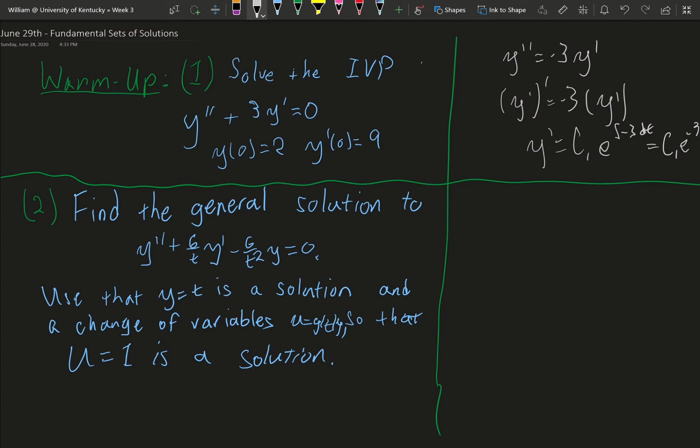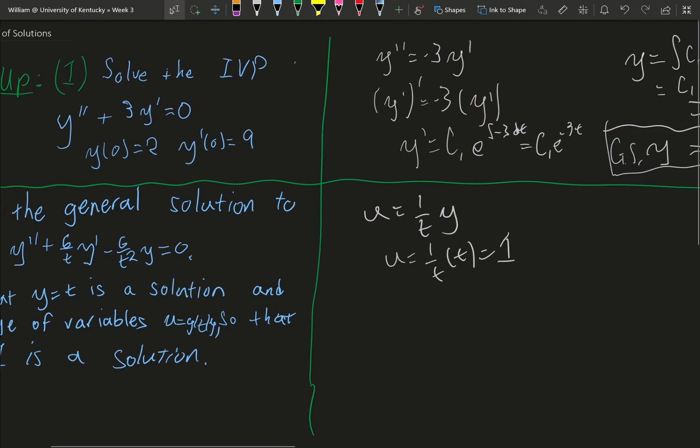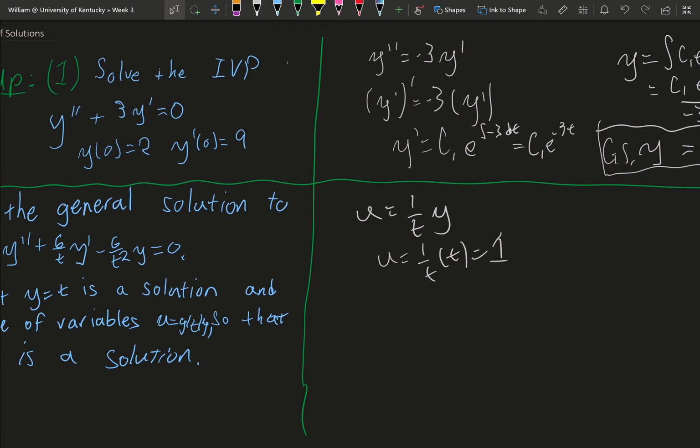So what are we going to do? We just set u equal to 1 over t times y. Because if t is a solution to this, then in terms of u, we'll just get 1, and this should correspond to a solution in our new equation.